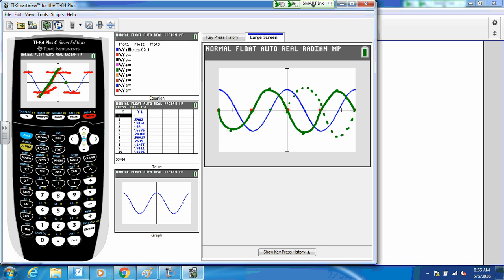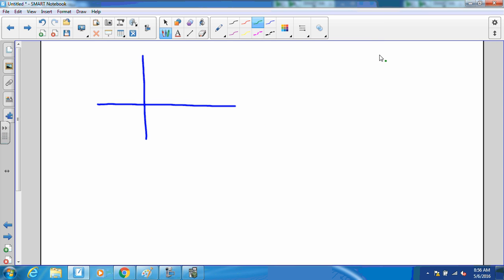So what this strongly suggests to us is that if y equals cosine of theta, then the rate at which y changes with respect to theta, notice I didn't say with respect to time, is going to be equal to negative sine theta.